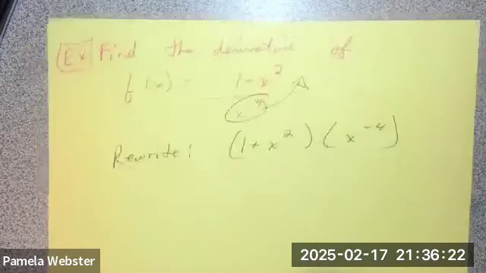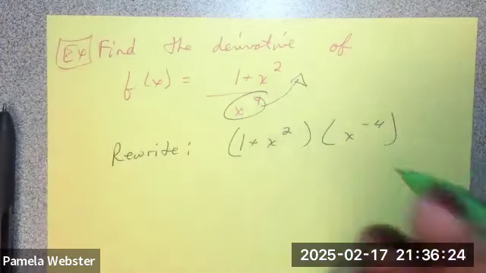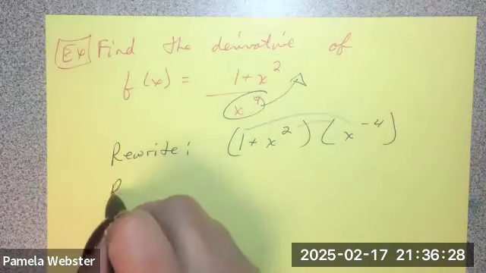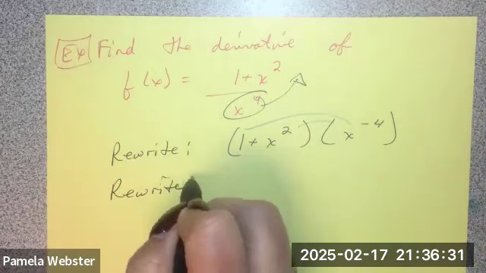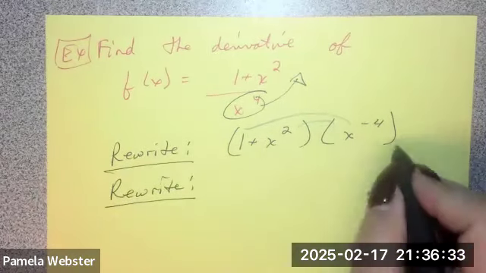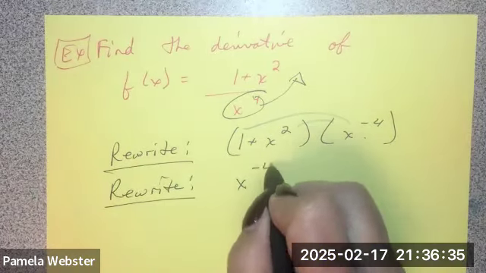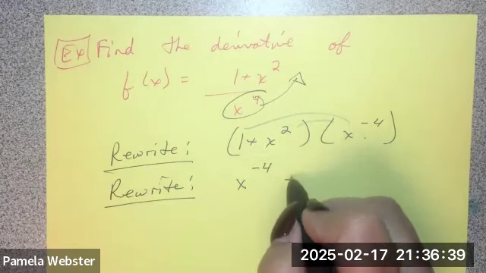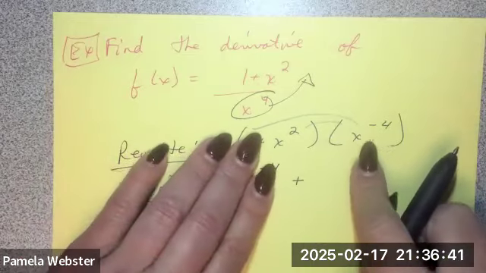So move that to the top. And then I'm going to rewrite it again by distributing. X to the negative fourth times a 1 is x to the negative fourth. But then it's plus. Be careful with this guy.